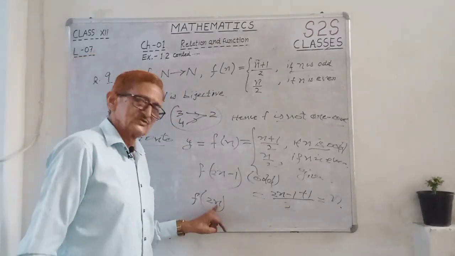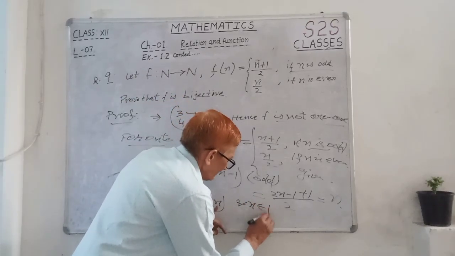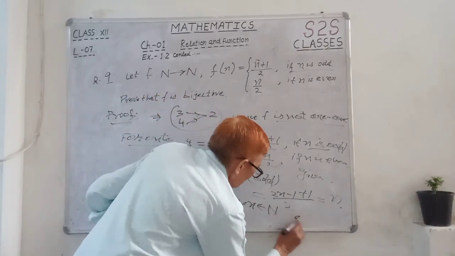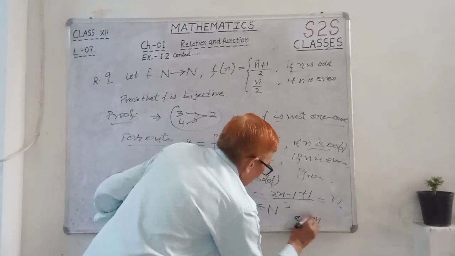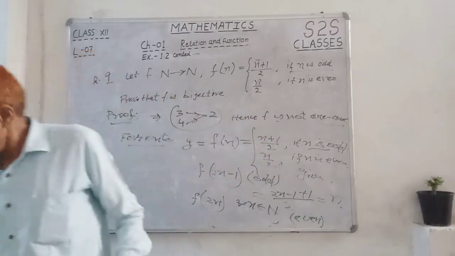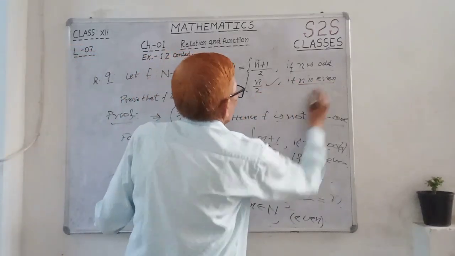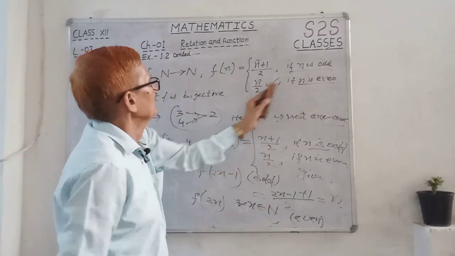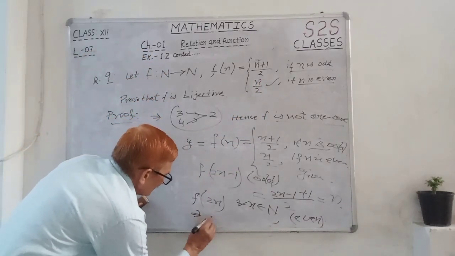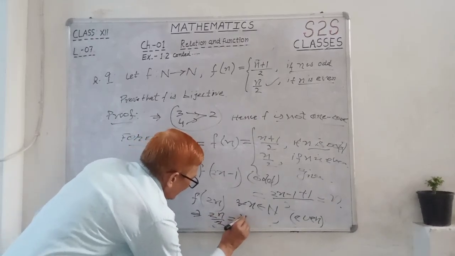2n is even if n belongs to natural numbers. So for every n belonging to natural numbers, this is even. Now for this even we take the output: f(2n), if 2n is even, then 2n by 2 is the output. So this will be equal to 2n by 2, and that will be n.